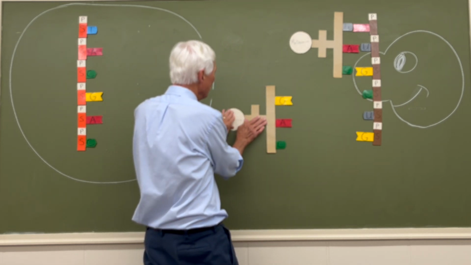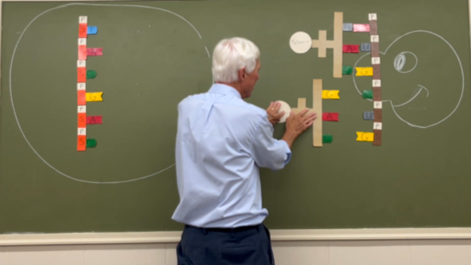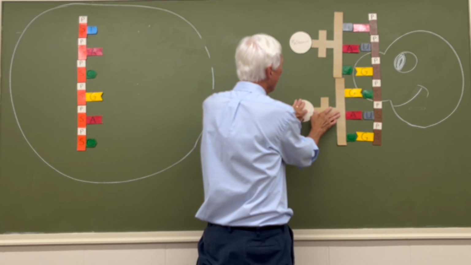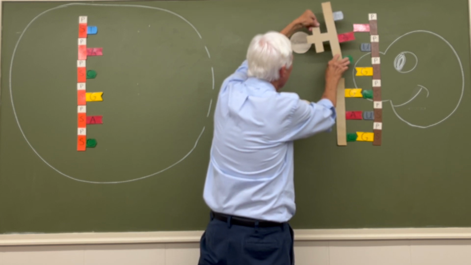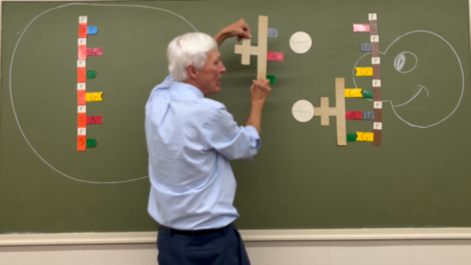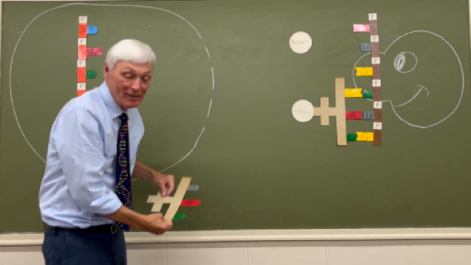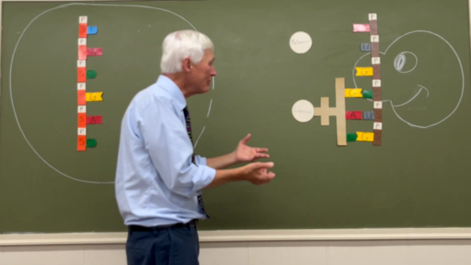Sure enough, here we go. It hooks up. Looks like a spacecraft docking to the space station, kind of. Ka-chunk. In the meantime, the first tRNA leaves, floats back out into the cytoplasm of the cell in search of another amino acid to deliver to another ribosome somewhere.